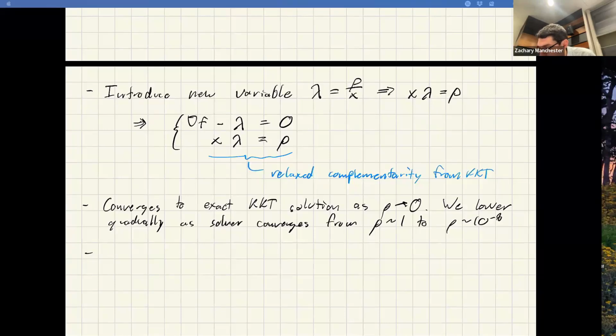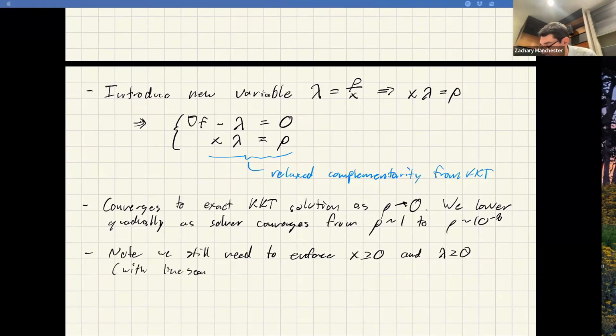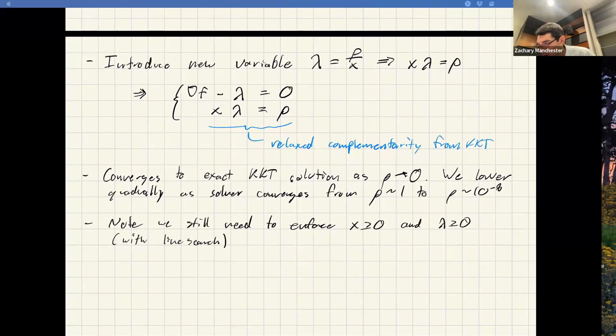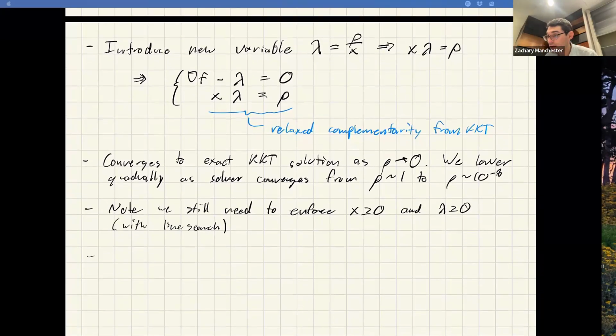Okay, so note, we still need to enforce x positive and lambda positive. You do this in the line search. But this is tricky, so we're going to take another approach.